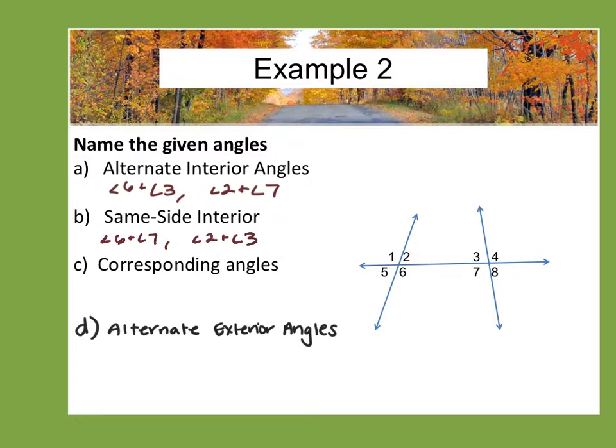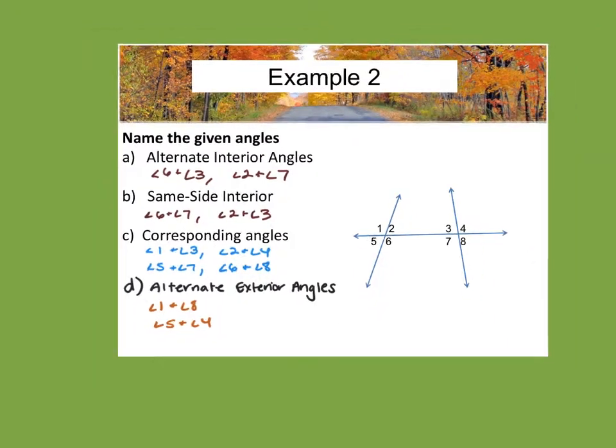The first is angle 1 and 3, and 2 and 4, and 5 and 7, and 6 and 8. Good. Okay, alternate exterior. Kelly. 1 and 8 and 5 and 4. Good. Questions on any of those?